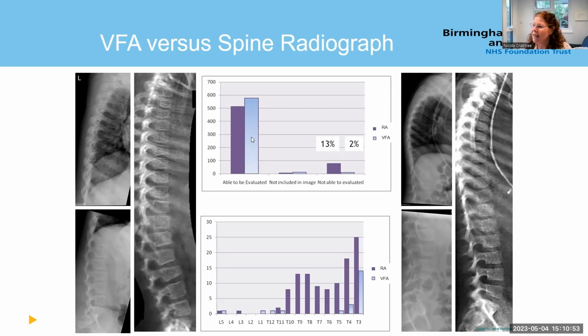We can see that a greater number of evaluable vertebrae were apparent in the VFA scan. And if we look at the distribution of the unevaluable vertebrae, we can see that it's in the thoracic region, the region where the work from Canada identified the most vertebral fractures.